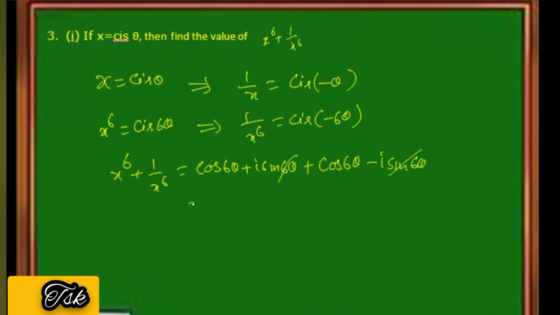These two get cancelled, so the answer is 2 cos 6θ. If it is minus, we'll get 2i sin 6θ. And for objective questions, it is a formula.